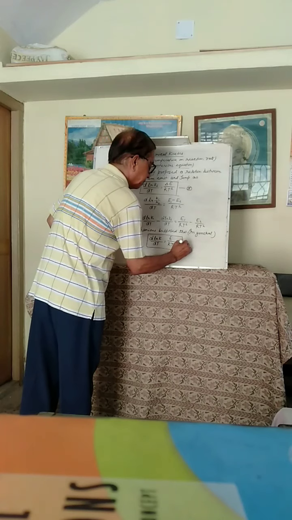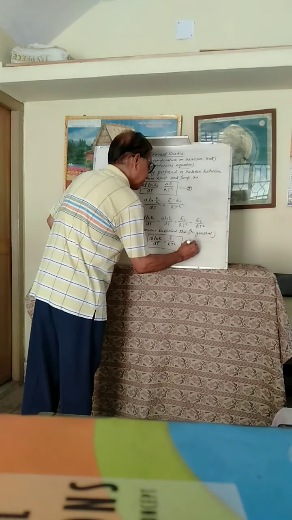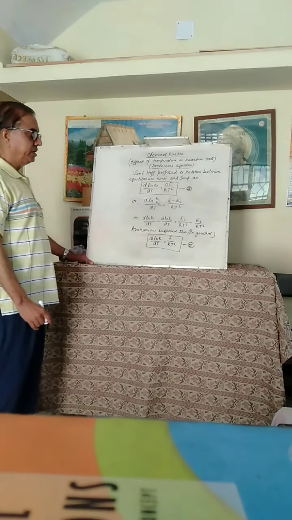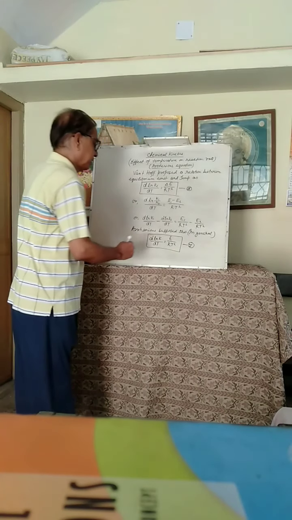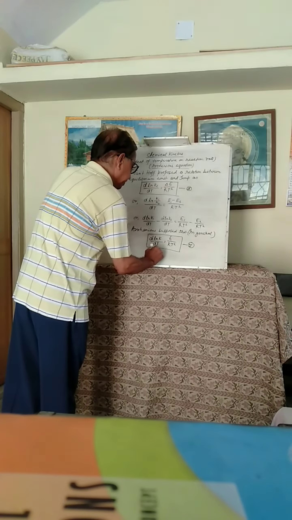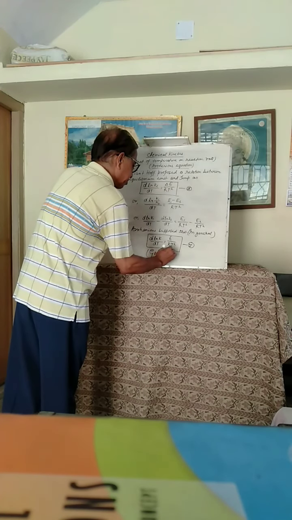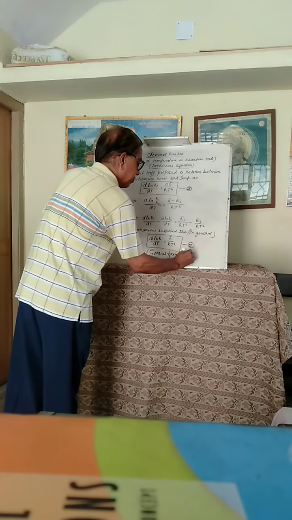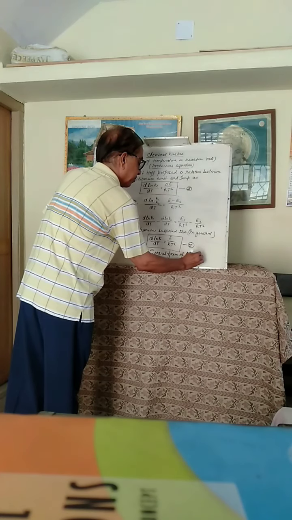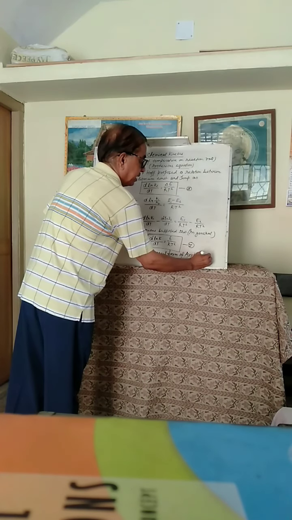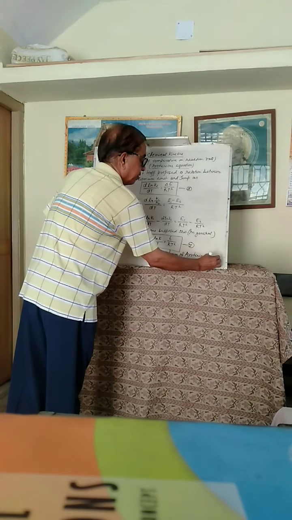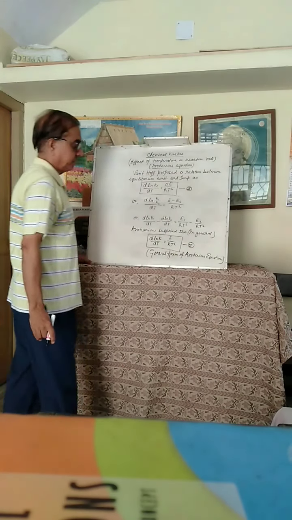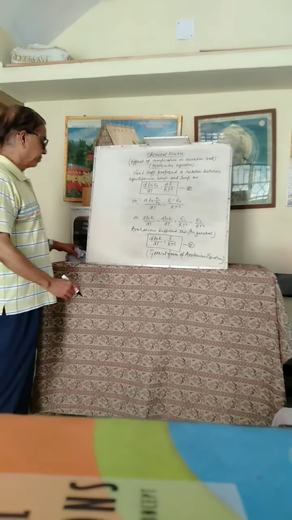This is equation number 5. This is the general form of the Arrhenius equation.